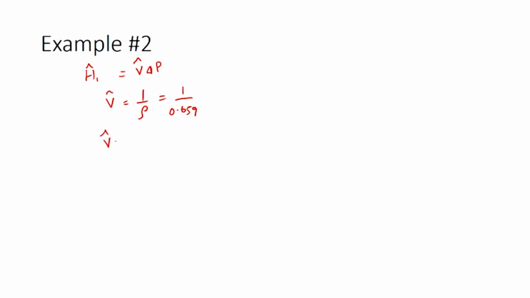Now, we have to calculate V cap delta P. So, V cap delta P would be 1 divided by 0.659 times delta P, which is 1.013 minus 7 bar, and this bar needs to be converted into units which would be recognizable for V cap. V cap is in terms of liters per kilogram. So, this is liters per kilogram.